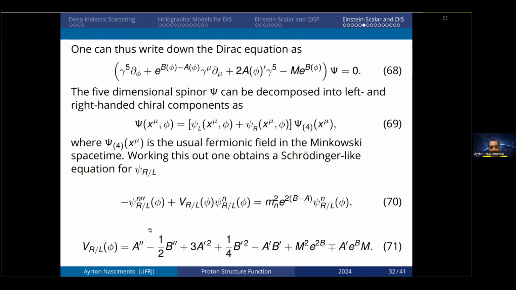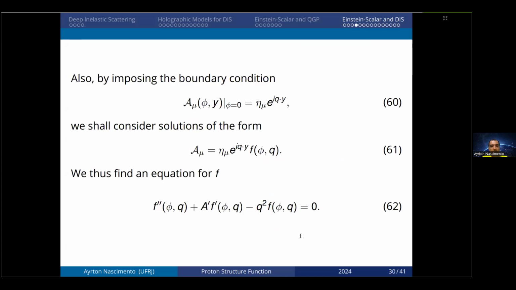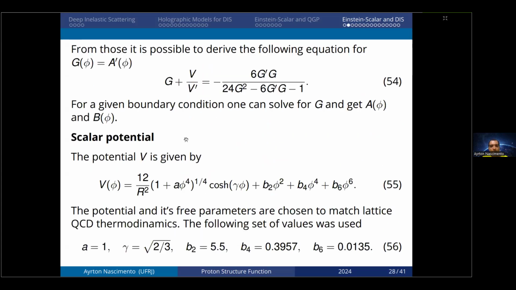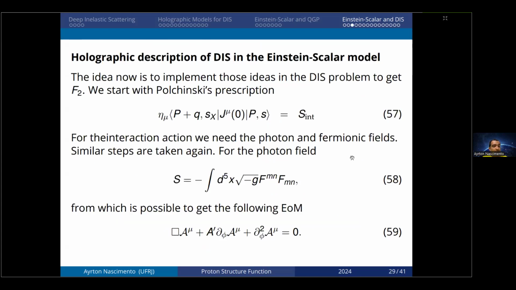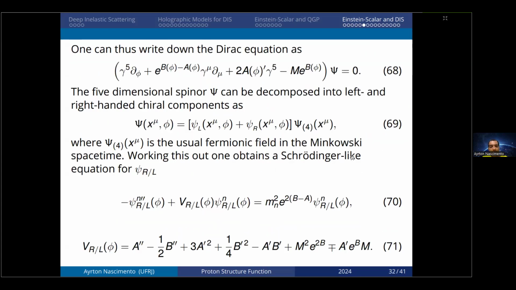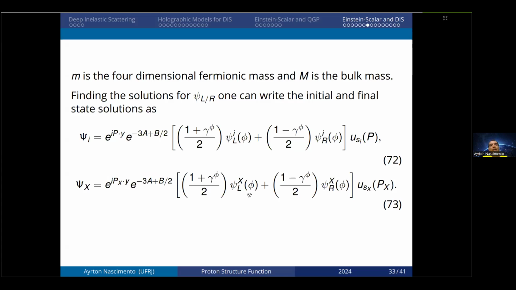You see that this potential is different from the one they used for the model in the QGP problem. These are different concepts, and I work the equation of motion with this potential. I solve it numerically and everything, and I get these solutions for the fermion.